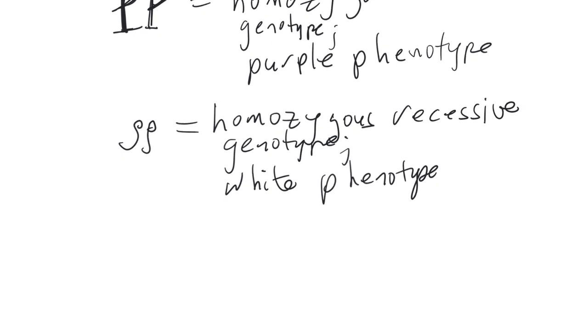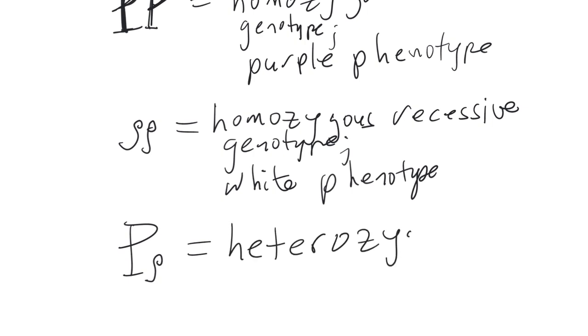Now, you could have a hybrid, like in the F1 generation. Big P, little p. This would be called a heterozygous genotype.